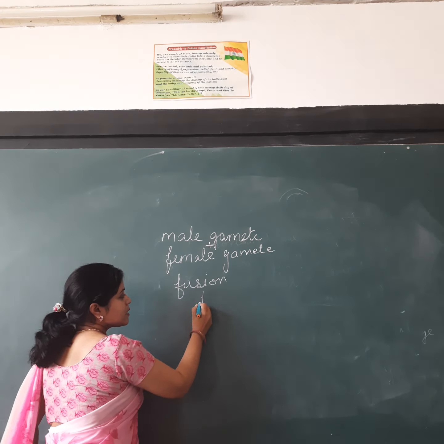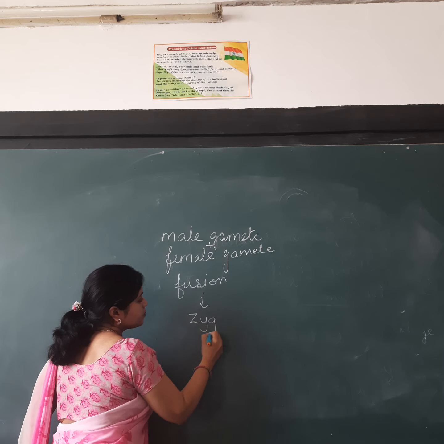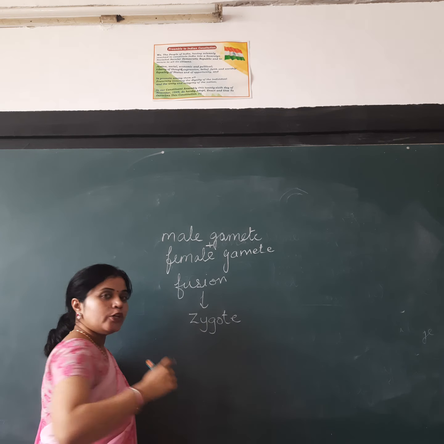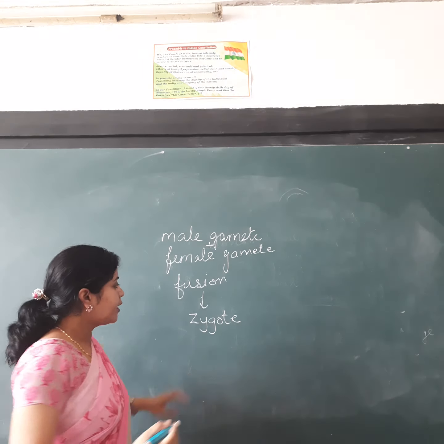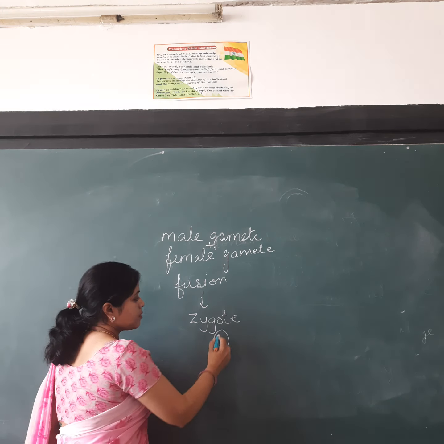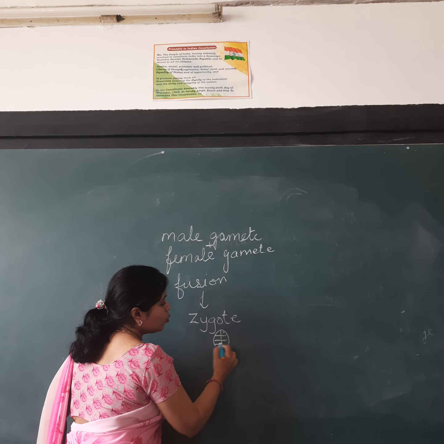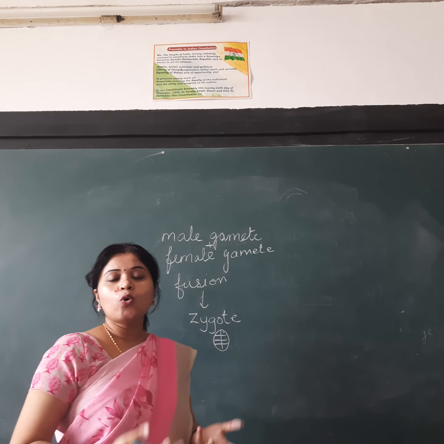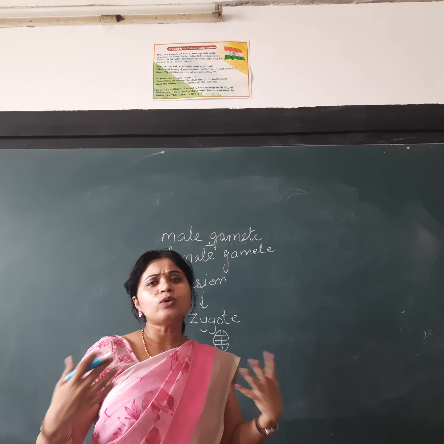Whenever a zygote is formed in human beings, this zygote is a single cell. This single cell starts dividing into 2, 4, 8, 16, 32 like this.